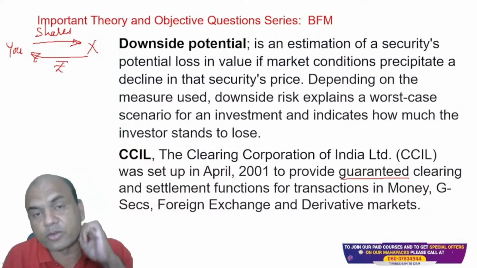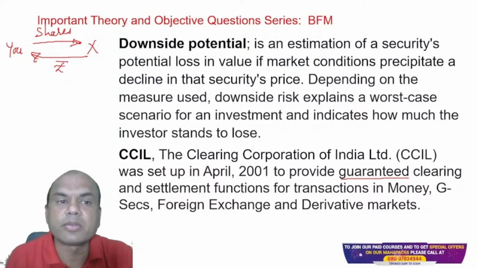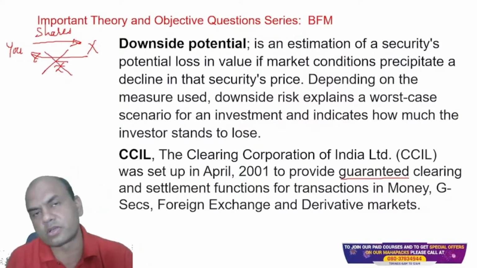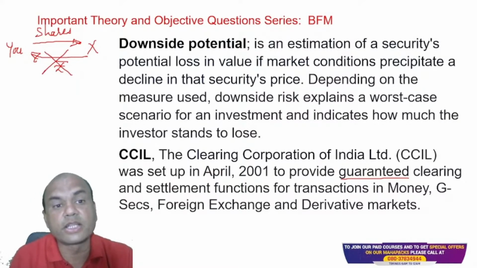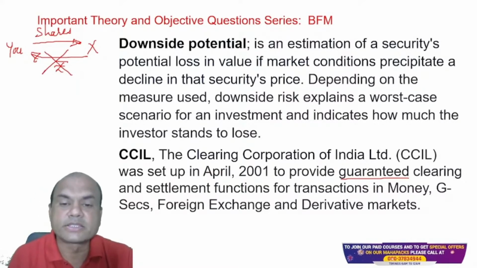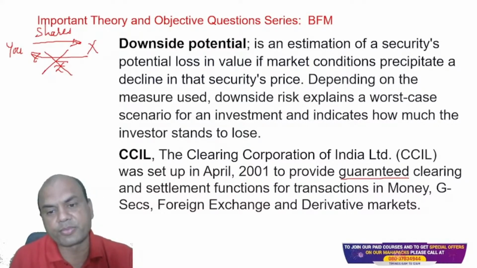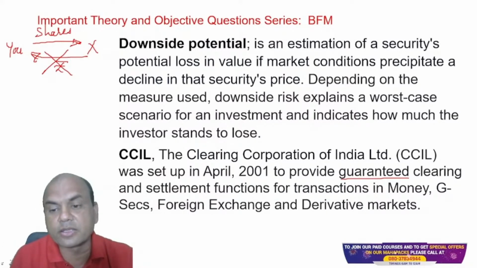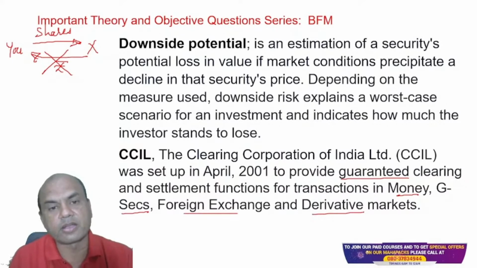What is settlement risk? If you give the shares and Mr. X does not give you rupees, then this is known as settlement risk. So CCIL guarantees this part. It provides a guaranteed clearing and settlement function for transactions in money, government securities, Forex and derivative markets.